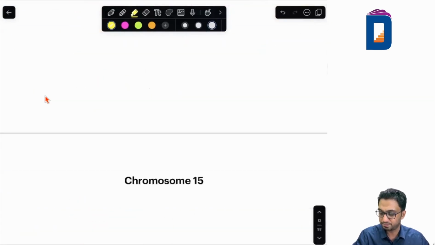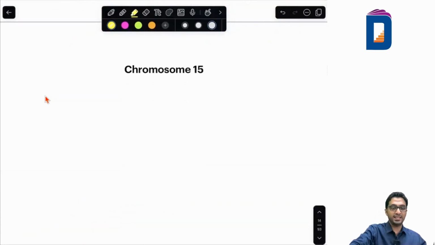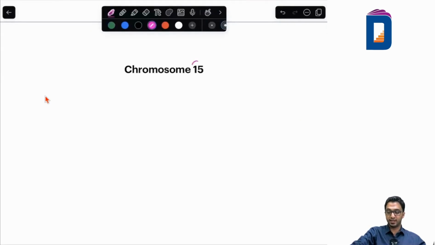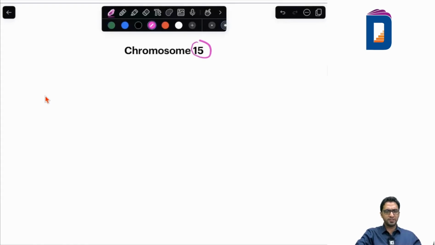Basically it's chromosome number 15. So does anyone remember any lesions we studied in general pathology which are associated with chromosome number 15? Marfan syndrome is definitely one, so I'll put it as a map of the 15th chromosome.